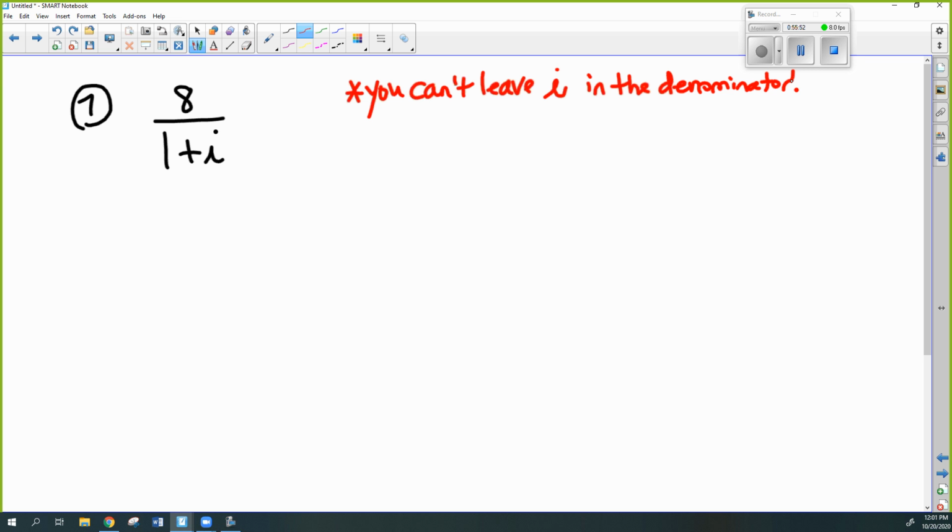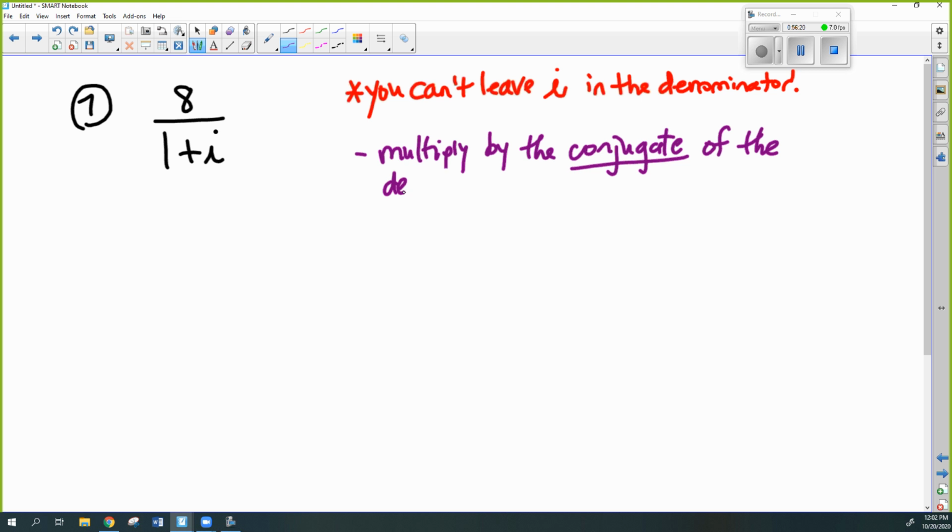It's just like leaving a square root in the denominator. So if you think back to what we did for homework, to get rid of a square root in the denominator, we multiplied by the conjugate. We're going to do the same thing. You're going to multiply by the conjugate of the denominator. Even though it looks like you can't really do anything, you can't leave it like that either. You cannot leave an i in the bottom.